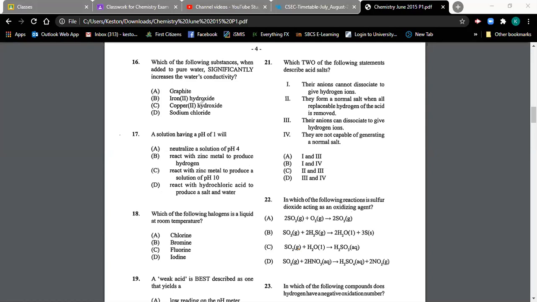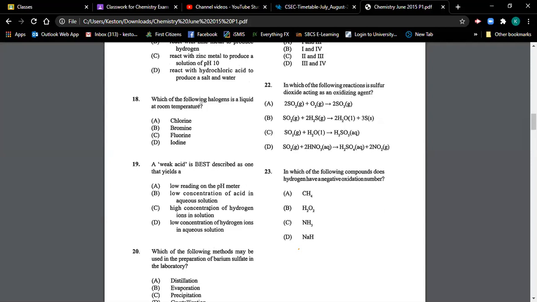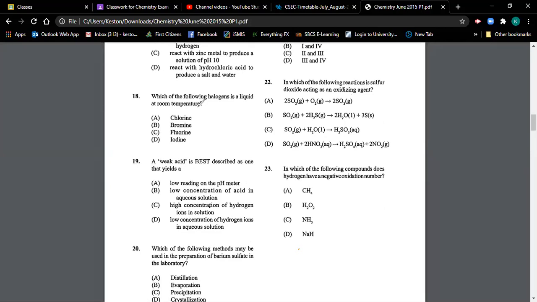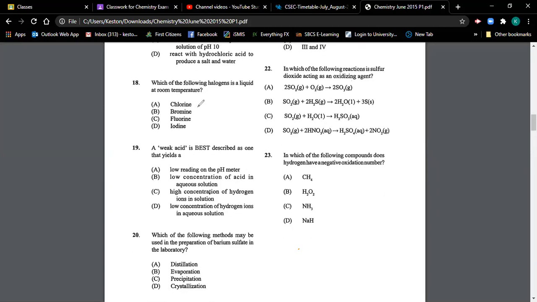In which of the following compounds does hydrogen have a negative oxidation number? Which one? Usually in peroxides.